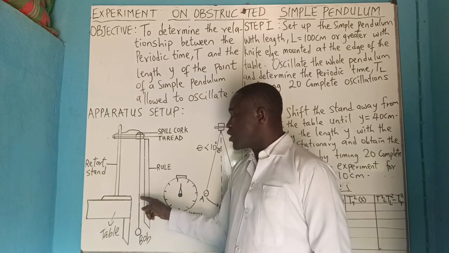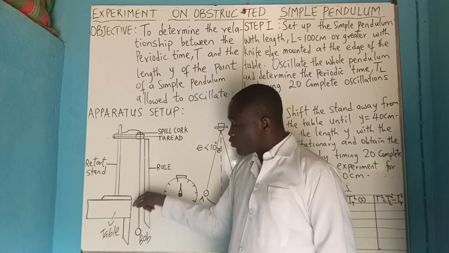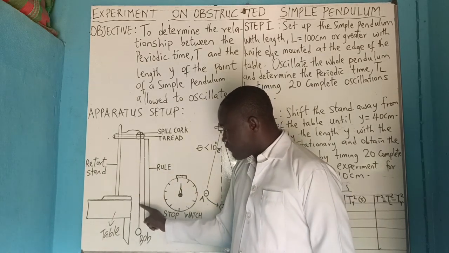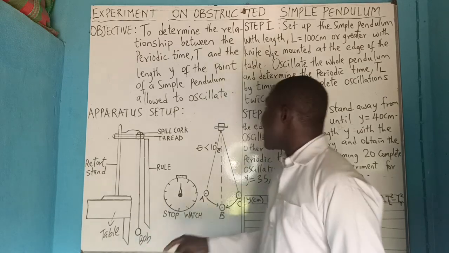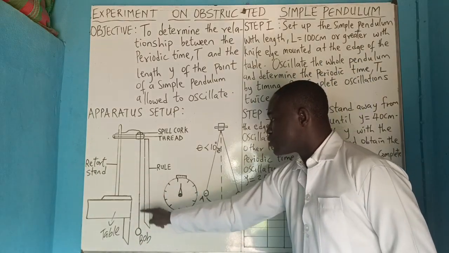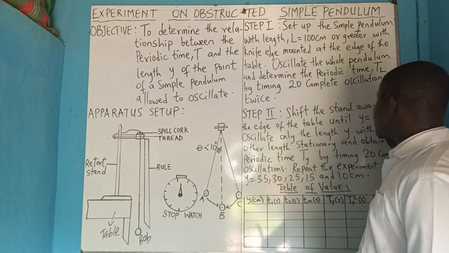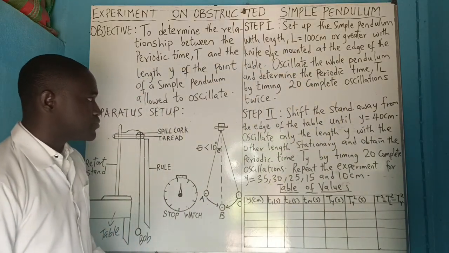So what you now do is, that point is touching the table, you have to hold it there. And make sure that only from here to here is now oscillating. And that distance from here to here for the first one will be 40 cm. It has to be 40 cm.